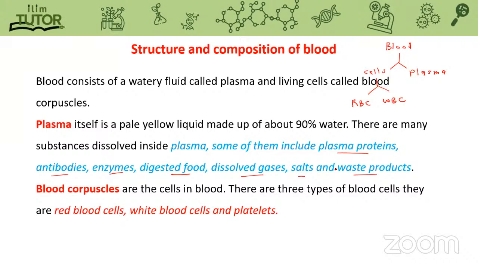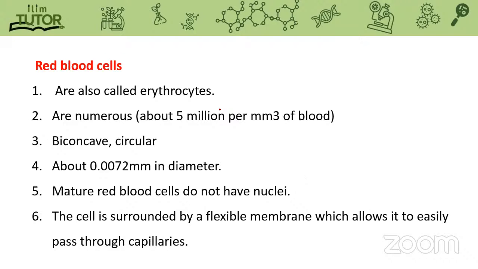So let's go to the blood corpuscles or the blood cells, starting with the red blood cells or erythrocytes. As far as erythrocytes are concerned, they are described as being biconcave, all right?